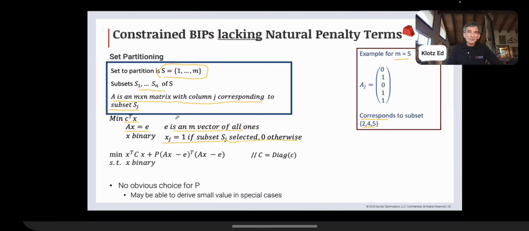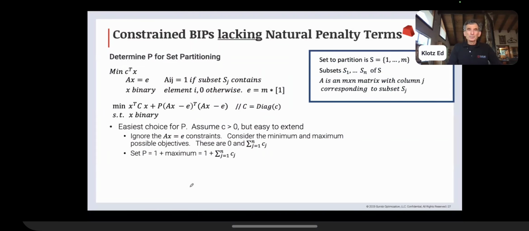And this will give us a set partition. So we know how to penalize this. We take the difference of the squares of the left and right-hand side of the constraints. And now we find ourselves in this situation of not having an obvious choice for the penalty term. So what can we do?